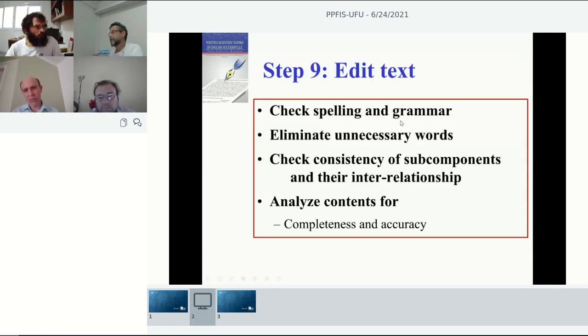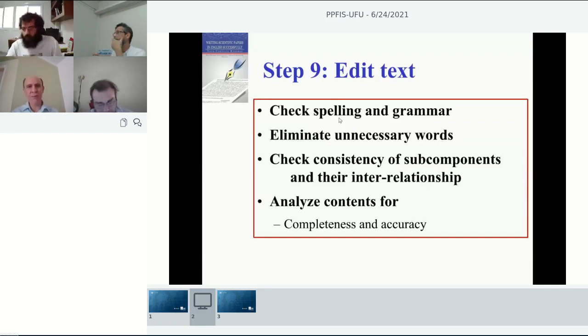So there is no change in the contents, and yet I have 10 or 15% less words, simply by making the text more concise, eliminating unnecessary words. Examples of unnecessary words: as for example. If you say as, you are already exemplifying. You don't need to have for example.